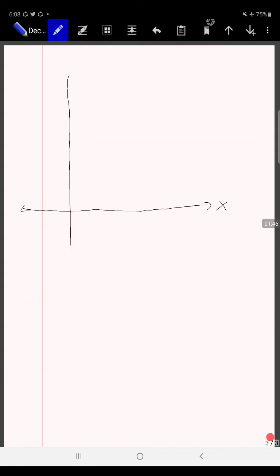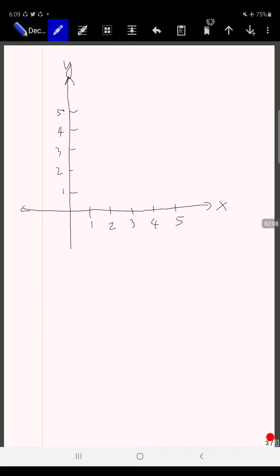say this is our xy plane, this is x, this is y, say 1, 2, 3, 4, 5.